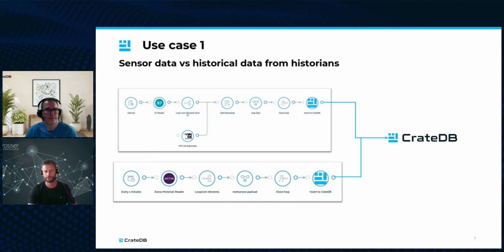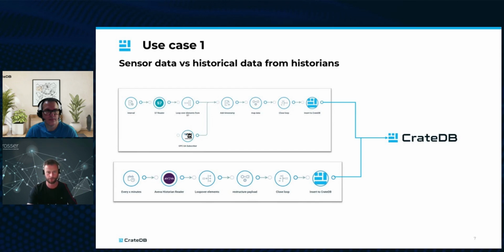This is actually one use case for one of our joint customers, and I just brought it to you in a visual way that you can directly see from the screenshots what we do here in our tool. So basically, in this use case, we have two types of data pipelines that have their data destination in CrateDB.